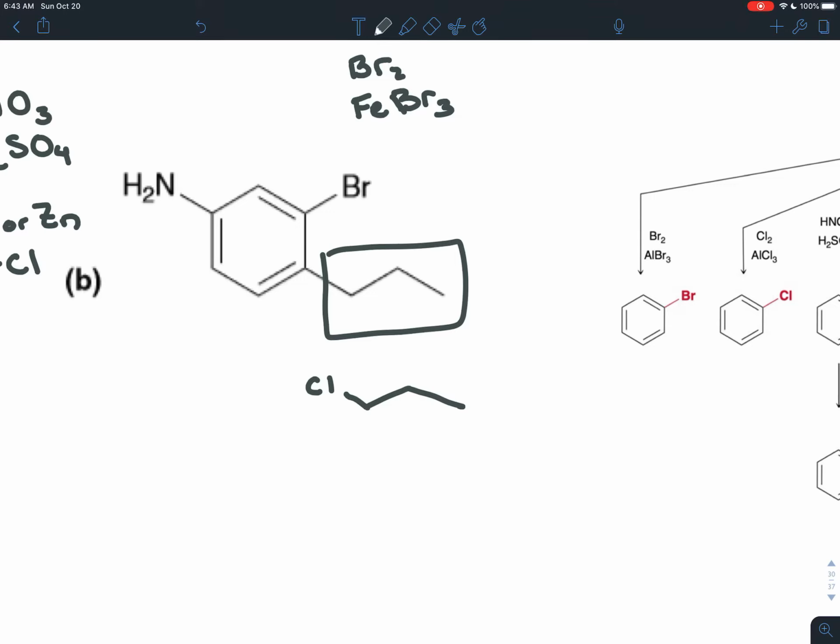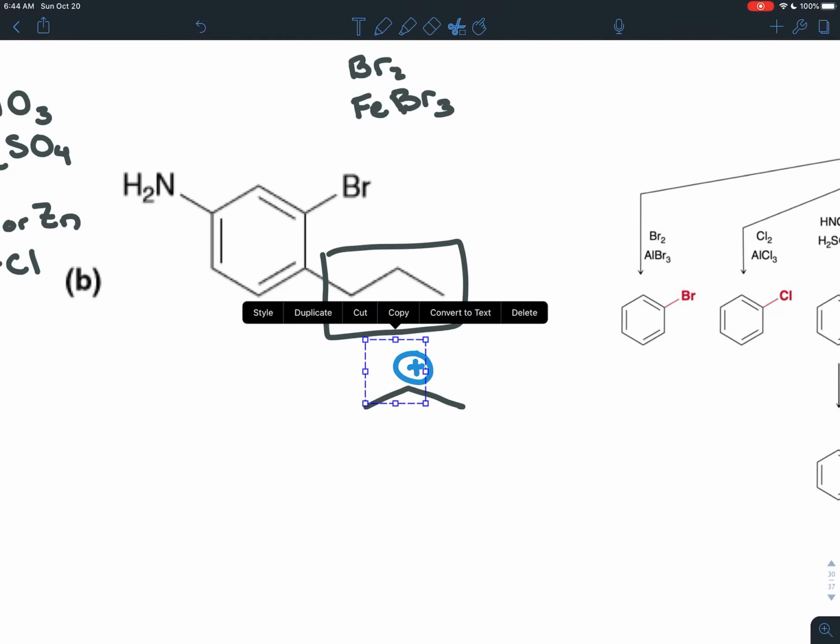Now, in the mechanism for Friedel-Crafts alkylation, at first you try to make this an awesome electrophile with a full positive charge, and the full positive charge forms wherever you had the halogen. So we'd have it right here. But notice that carbocation is a primary carbocation. The carbon is only bonded to one other carbon. Right next door, if it moved, it would be a secondary carbocation, because it would be bonded to two carbons. And that's a more stable carbocation, because the positive charge can borrow electrons from more carbons.